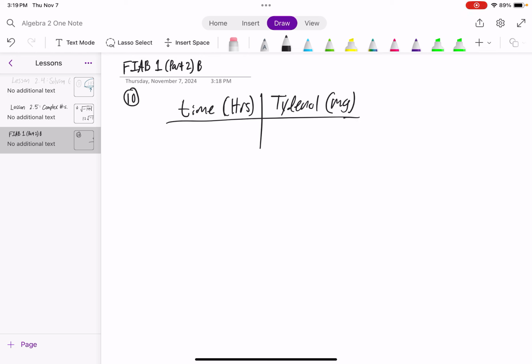Now, the table says 0, 1, 2, 3, 4, 5, 6. And the amounts are 500, 379, 287, 217, 665, 504.